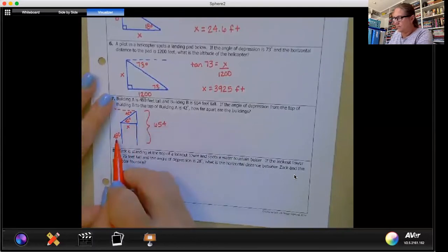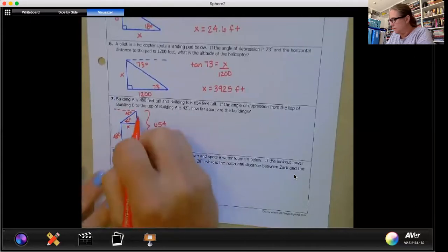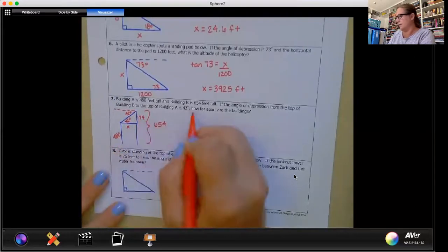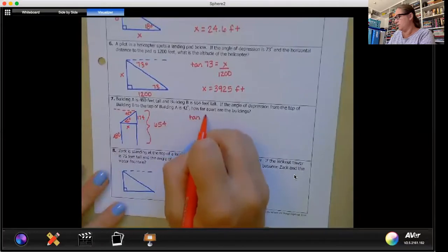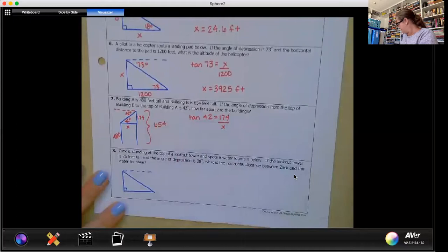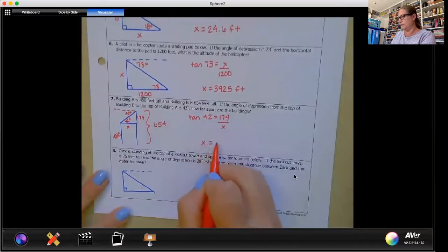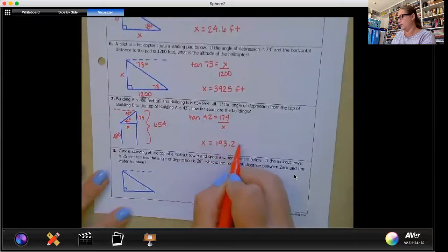We know that this is 480, so 654 minus 480. Make sure I get this right. It's 174. So we're talking tangent 42 equals 174 over x. 174 divided by tangent 42 is 193.2 feet apart.